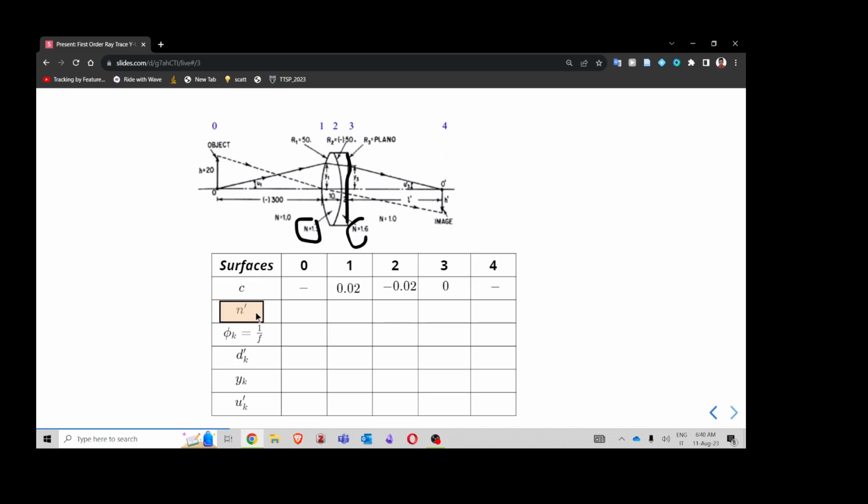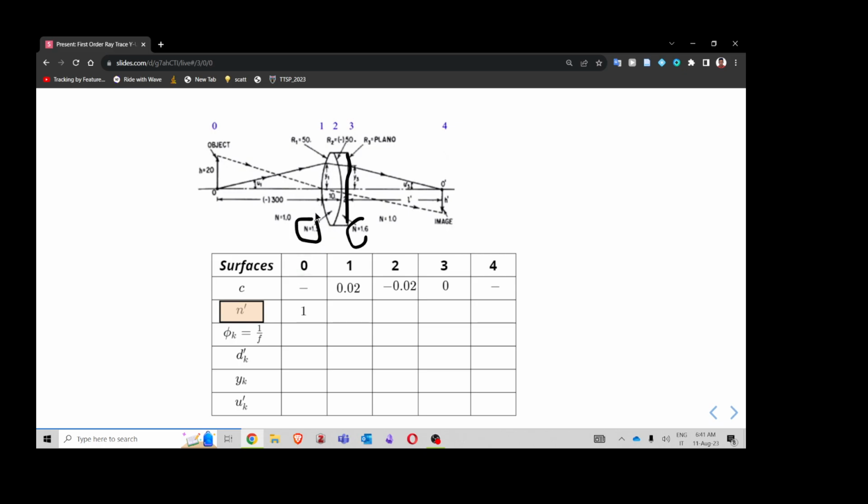Second, we have to define the refractive index. This is the refractive index after the surface. For example, for the zeroth surface, what is the index of refraction after this surface? Here after the zeroth surface the index of refraction is 1.